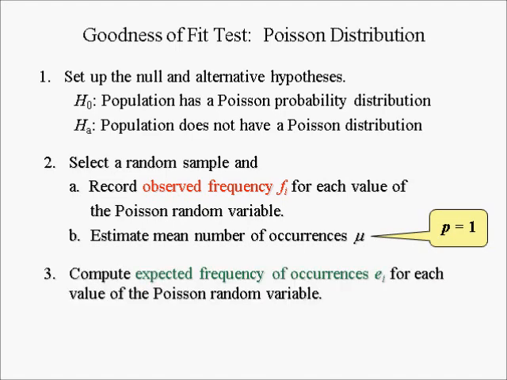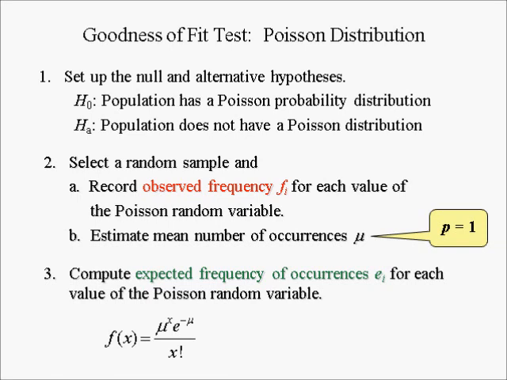Then we're going to compute the expected frequencies for each value of the Poisson random variable. The Poisson probability distribution is given by this equation, mu to the x, e to the minus mu, divided by x factorial.